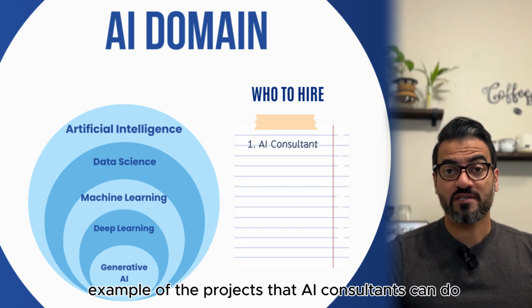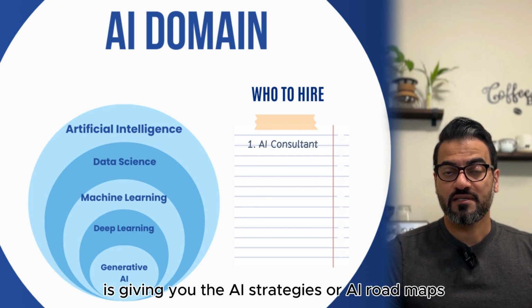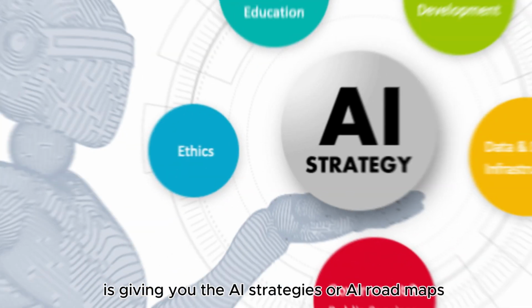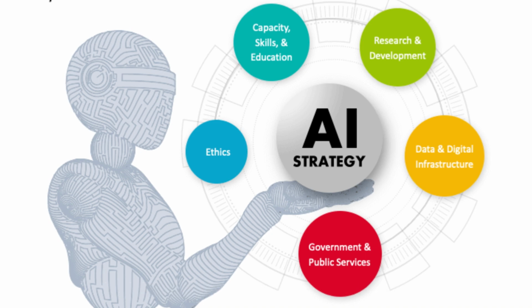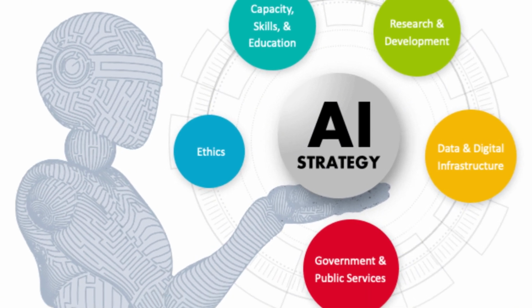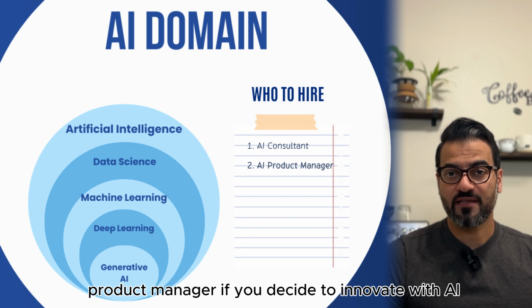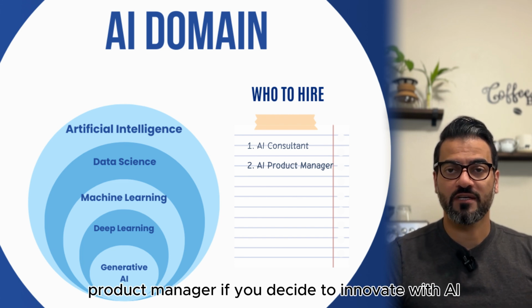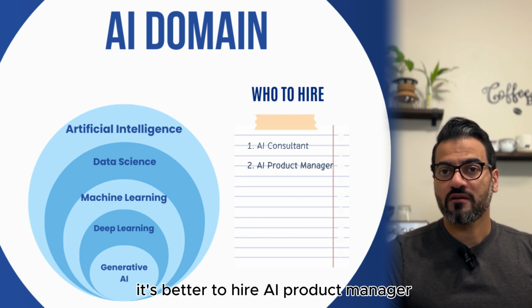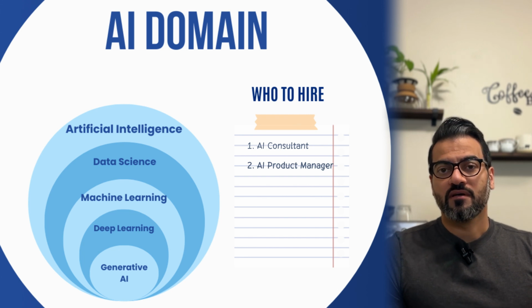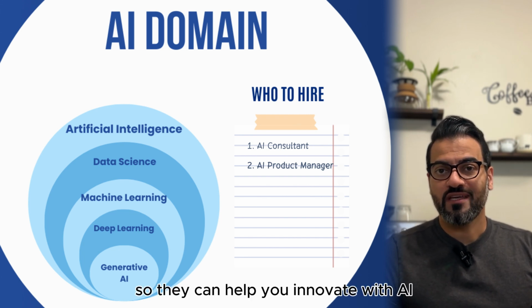Example of the projects that the AI consultants can do is giving you the AI strategies or AI roadmaps that can transform your business. Another role under the AI domain is the AI product manager. If you decide to innovate with AI, it's better to hire an AI product manager. So they can help you innovate with AI.